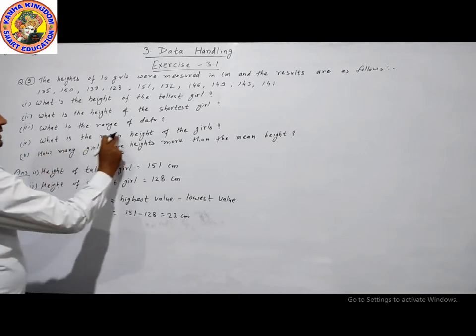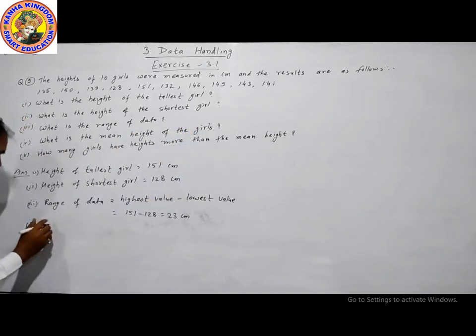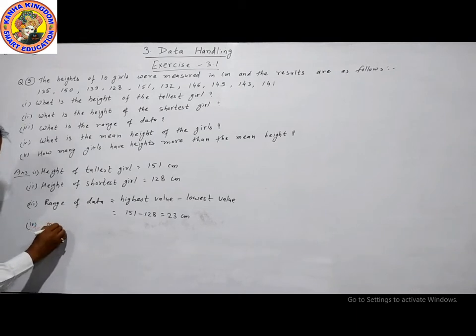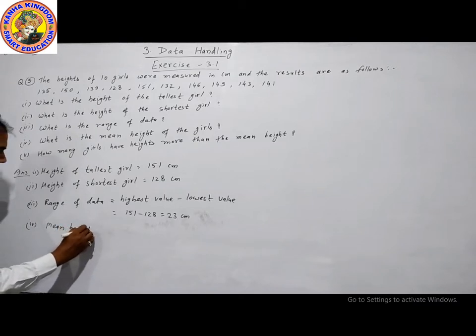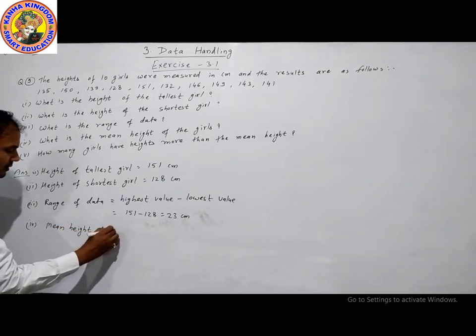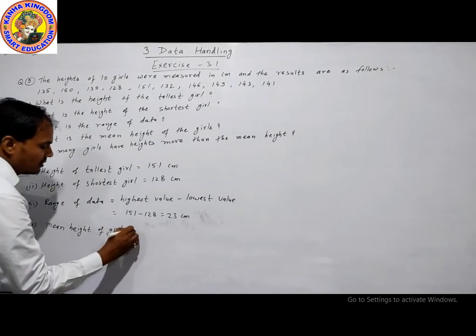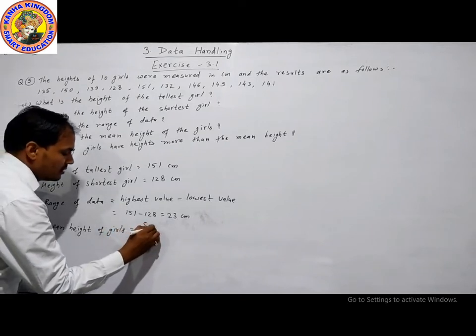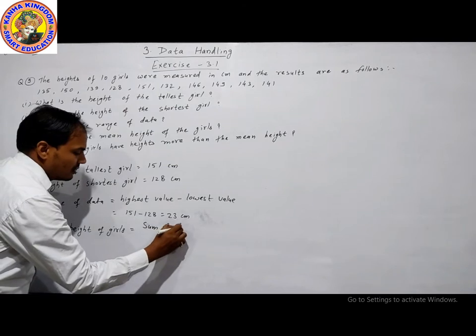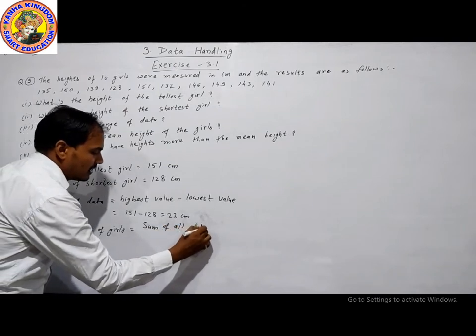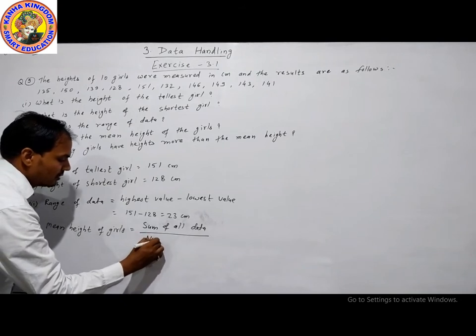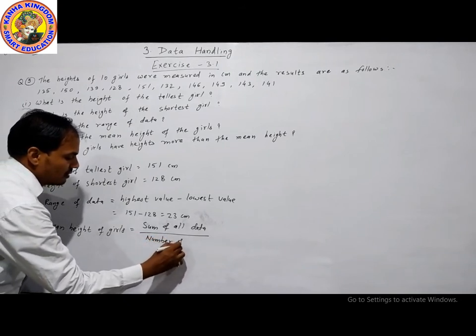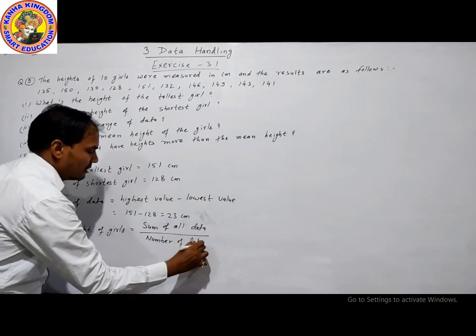Now taking question number 4. What is the mean height of the girls? The formula is the sum of all data divided by the number of data.